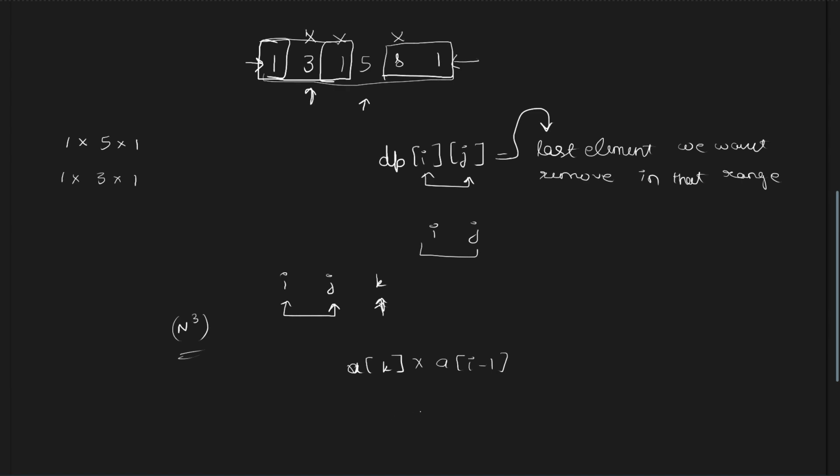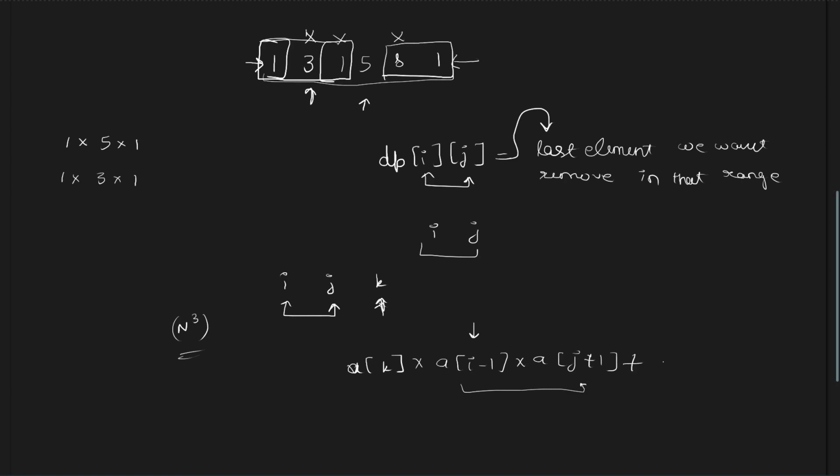Because all the elements in i to j have already been removed. Similarly, a of j plus 1. So this would be the multiplier that I have to use, because all the elements from i to j have already been removed and k is the last element that I was trying to remove.